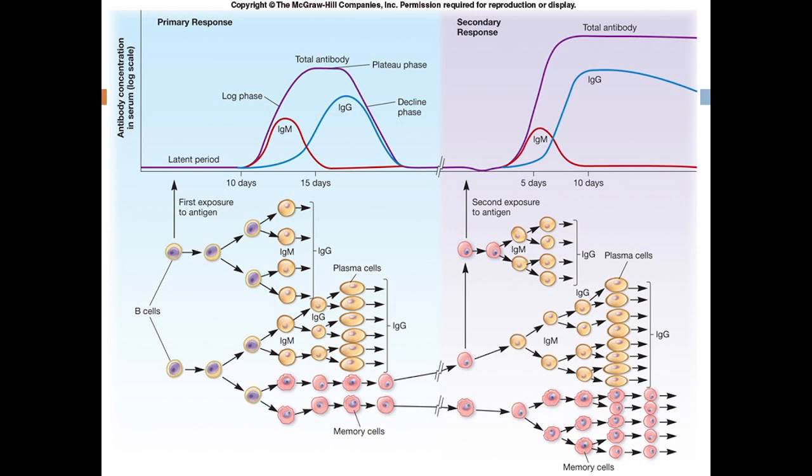So this is a nice complex diagram showing something very similar where we've got naive B cells that are first exposed to antigen. You can see that they're going to start to produce different kinds of antibodies over time. And then after a while, we get that memory cell population that gets produced. These are going to have better, more refined antibody types to go and fight the type of infection, whether it's going to be in the blood, whether it's going to have to cross the placental barrier, whether it's going to be at the epithelial layer.